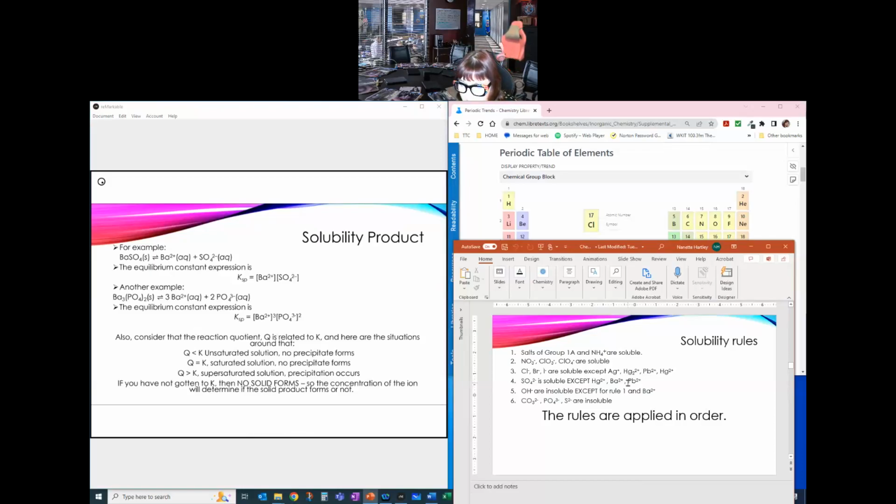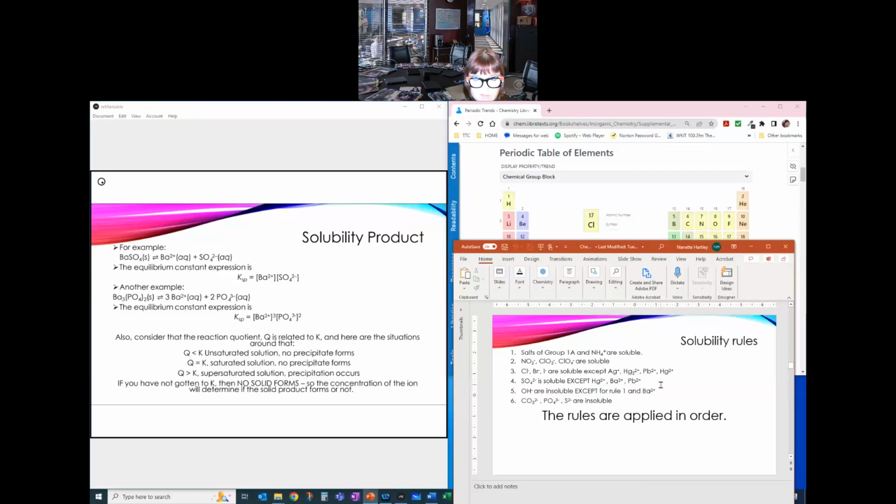Now, when we talk about the solubility product, Ksp for BaSO4, which we know is insoluble because of what we've talked about before, SO4 2- is soluble except with Ba2+. The equilibrium constant is Ksp = [Ba2+][SO4 2-], because there's one Ba2+ and one SO4 2-.